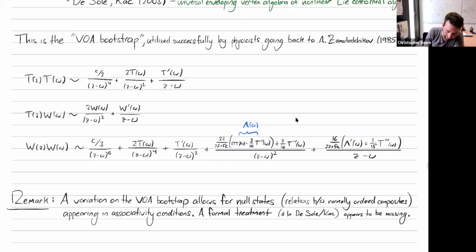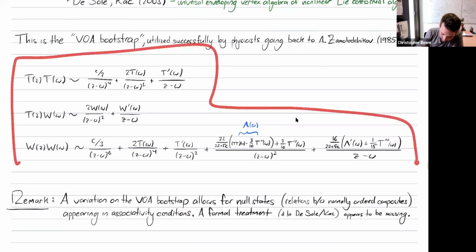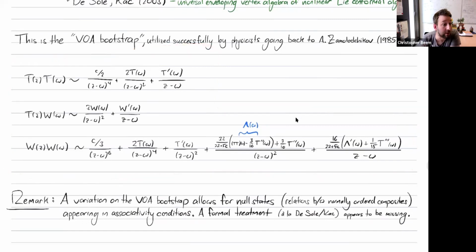And he defined some funny vertex algebra that if you've seen it before, you know what it looks like. And if not, it looks like this goofy thing. In particular, the notable thing, if you're not already a W algebra person, is that in the singular OPE of this field W with itself, you get things that are normally ordered products of T's.